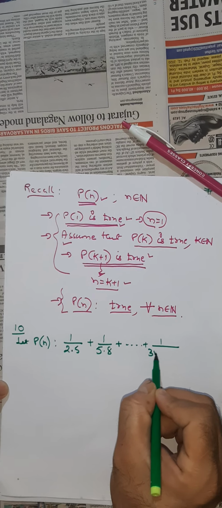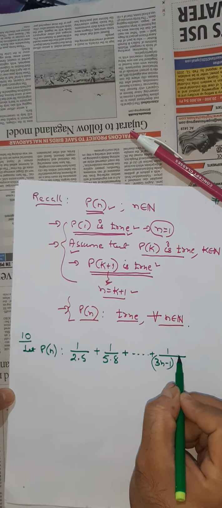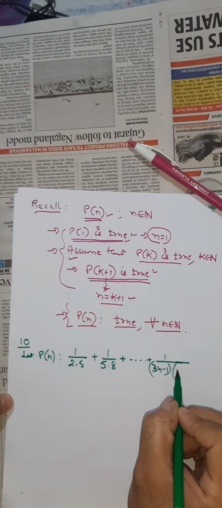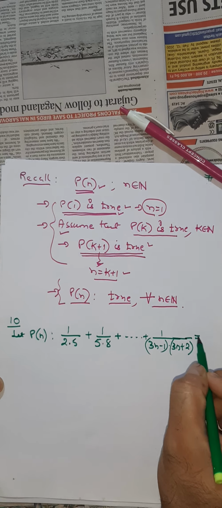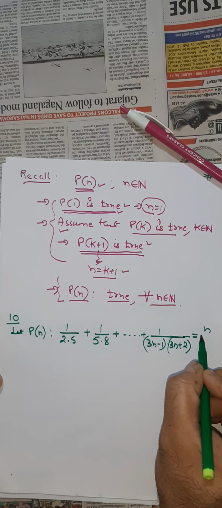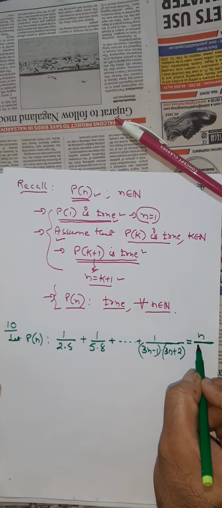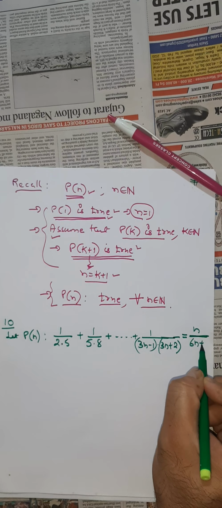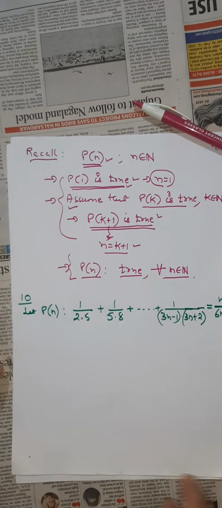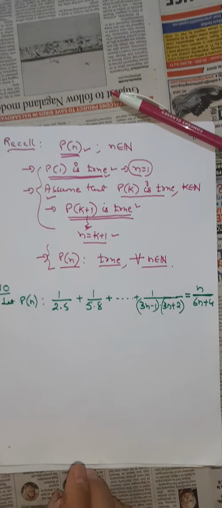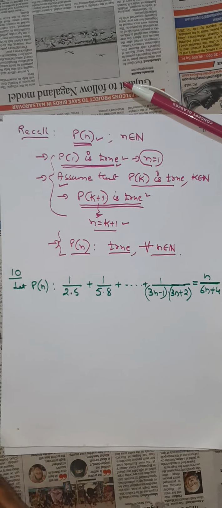The last one is 3n minus 1 into 3n plus 2, that is equal to n upon 6n plus 4. You want to show this. This is the given statement. We want to prove this with the help of the principle of mathematical induction.